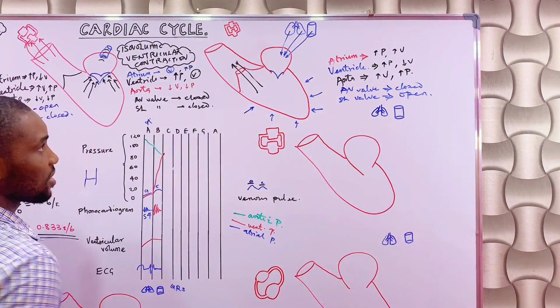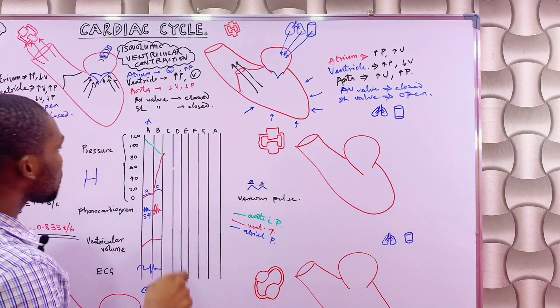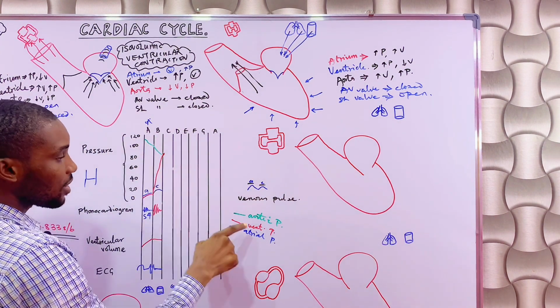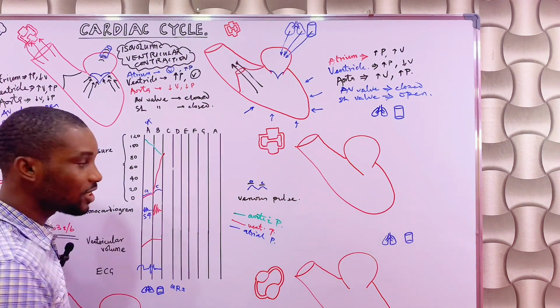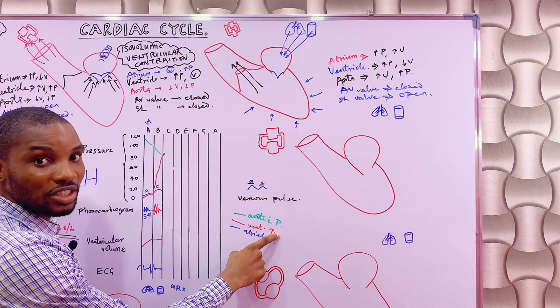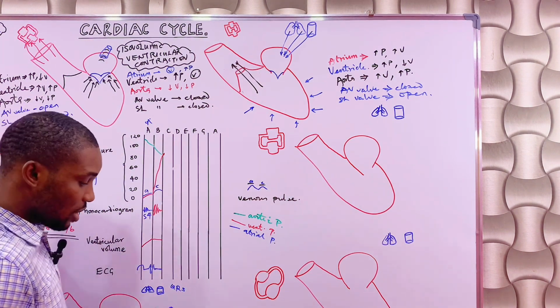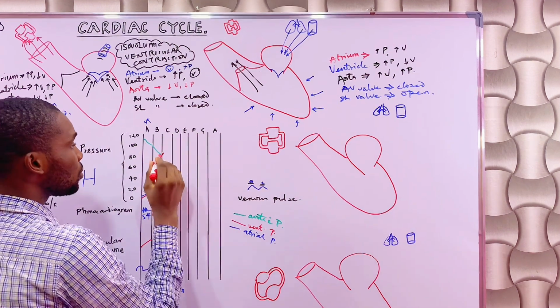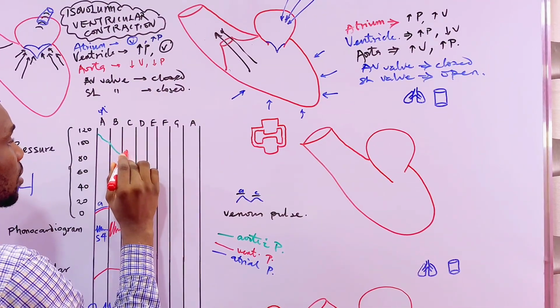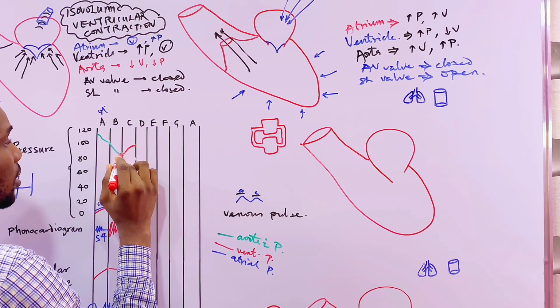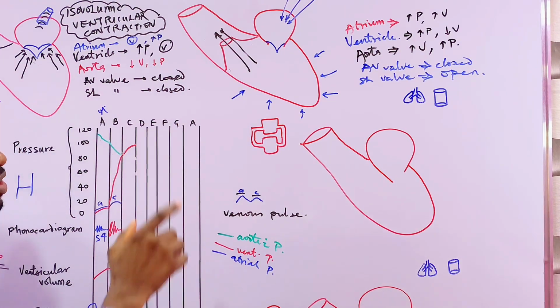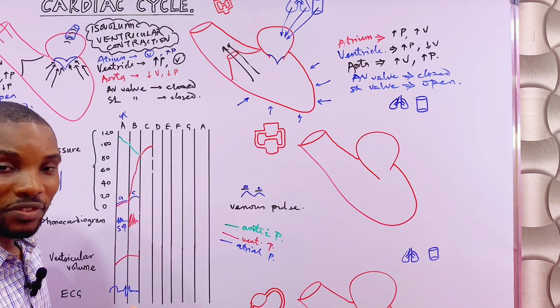So let's represent it in the graph over here. So we have the aortic pressure that's represented in green, and then the ventricular pressure represented in what? Red. All right. So the ventricular pressure would increase like this. Because the pressure is increasing due to what? Contraction of the ventricle, right?